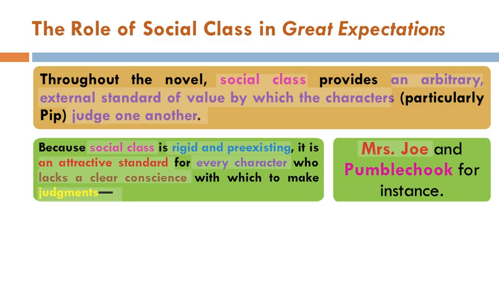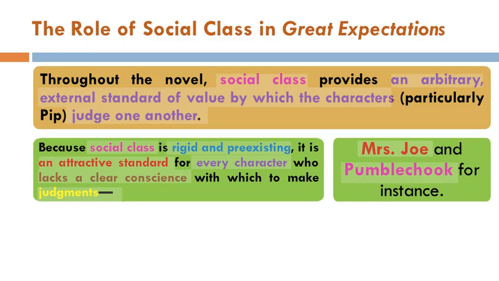On the other hand, we have the character Pumblechook, Joe's pompous and self-important uncle, who also values people according to their social class. He arranges for Pip to visit Miss Havisham's house, and he arrogantly assumes himself to be the reason for Pip's good fortune.